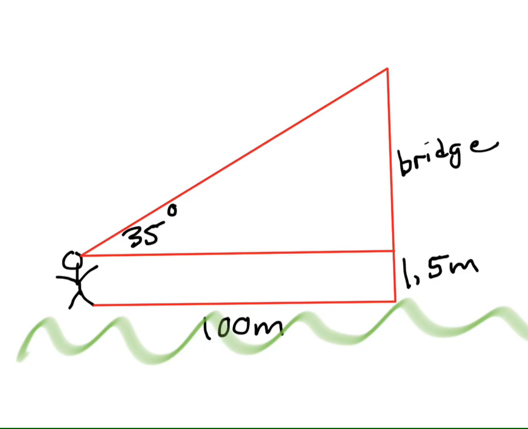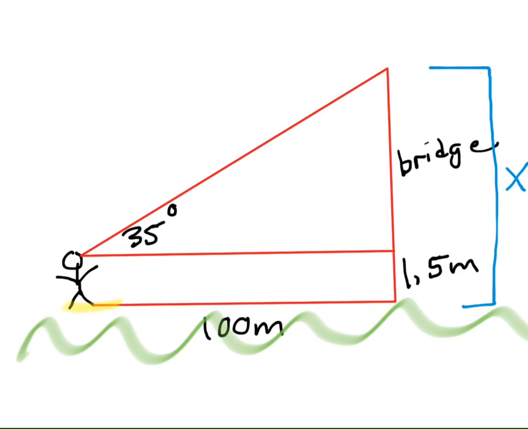The question is, find the height of the bridge. Well, the bridge goes from there to there. We'll call that X. So there's my figure. Okay. Remember, elevation goes from your line of sight, not from your feet, from your line of sight horizontally upwards. Okay, and they said that was 35. So first, let's just look at this right triangle I have here.